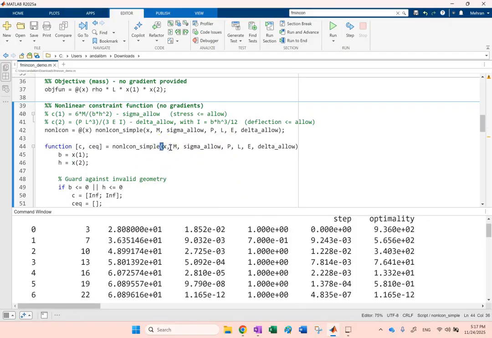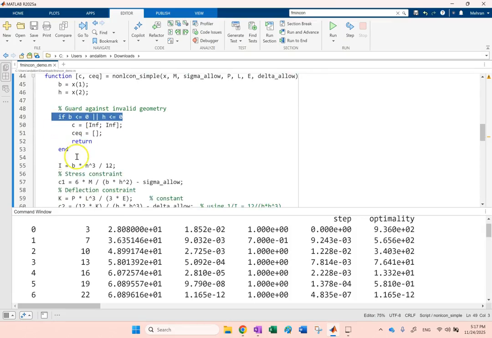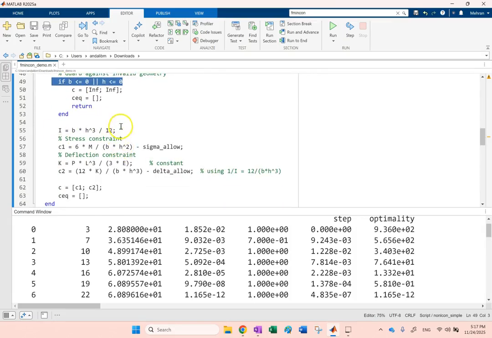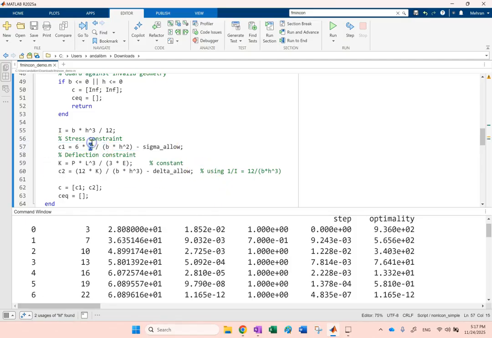You give it X, you give it these parameters that you need, MPLE, delta allowed, sigma allowed, and it defines B and H as X1 and X2. First, make sure that B and H are not negative, because in this case they are dimensions. And then it defines the moment of inertia. It defines the first nonlinear inequality, and then the second nonlinear inequality. This is for the stress, this is for deflection.